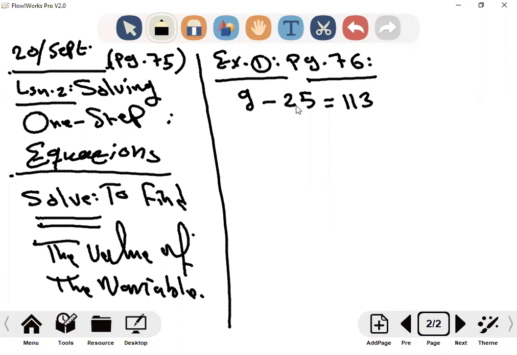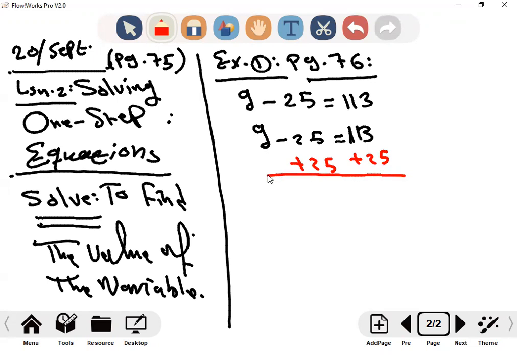Now G minus 25 equals 113. Remember in our strategy we said we rewrite the equation, so let's rewrite it. G minus 25 is 113. Because we have minus 25, we will add 25, remember? Minus 25 plus 25 is 0.